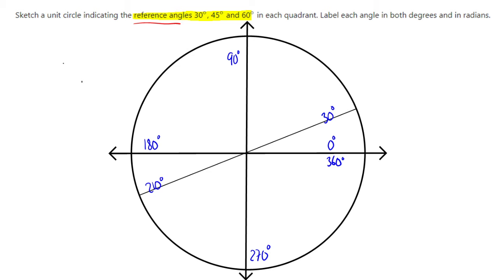There is also the reference angle 30 degrees on this side, like this. So this angle down here is going to be 360 degrees minus 30. So that's 330 degrees.